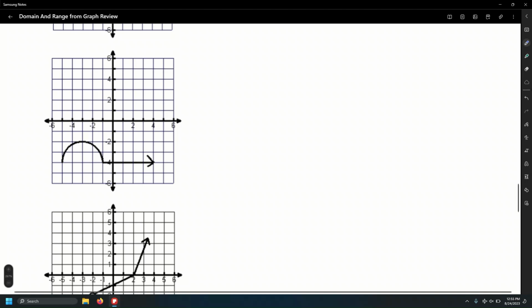It's going forever, right? Now the arrow is indicating exactly that.